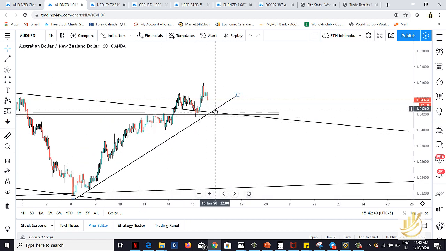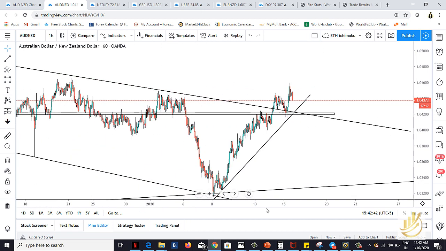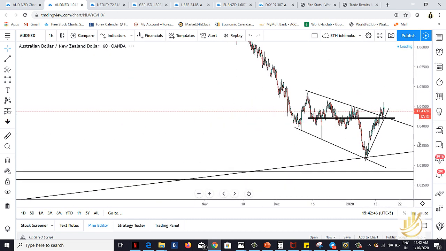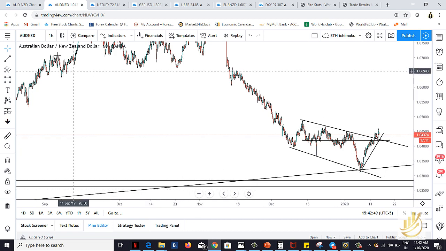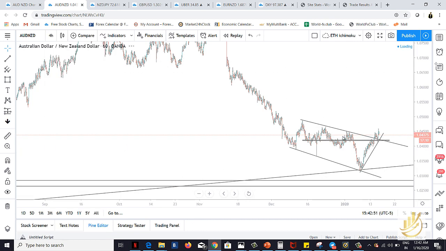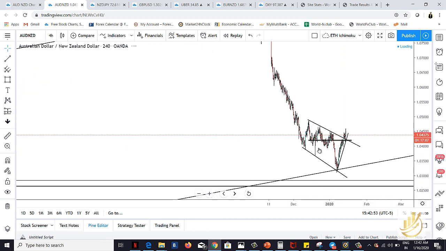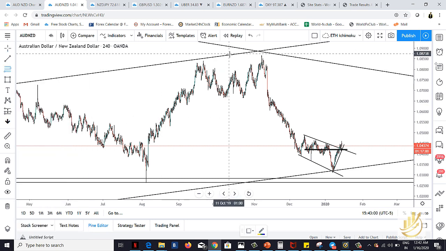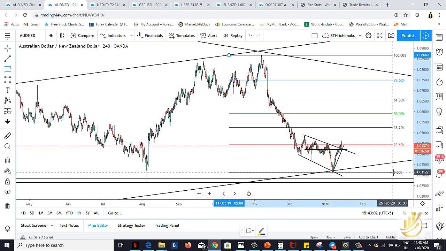So what I will suggest here is, if you want to use a few tools to analyze what price level it is trying to achieve, you can go back to a 4-hour chart and try to do the Fibonacci retracements. So this was the peak, this was the lowest point, so I'll try to draw a resistance Fibonacci zone.